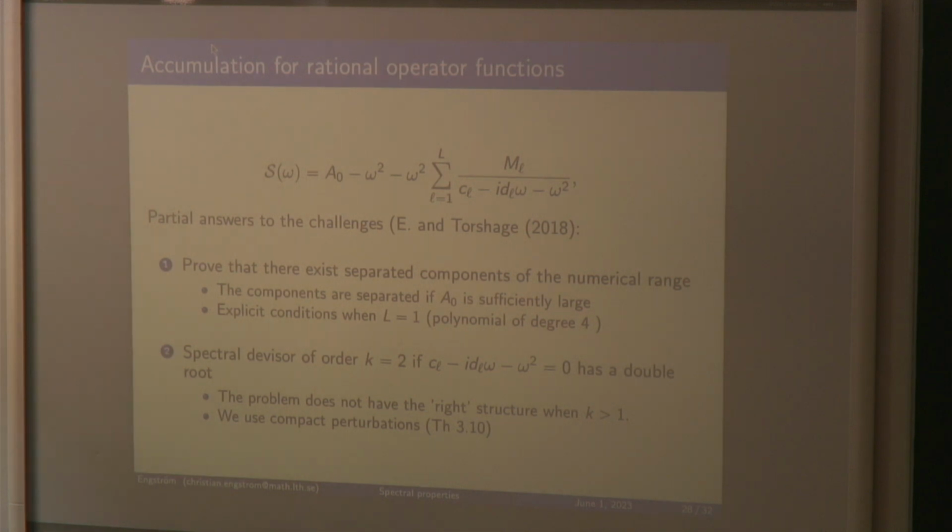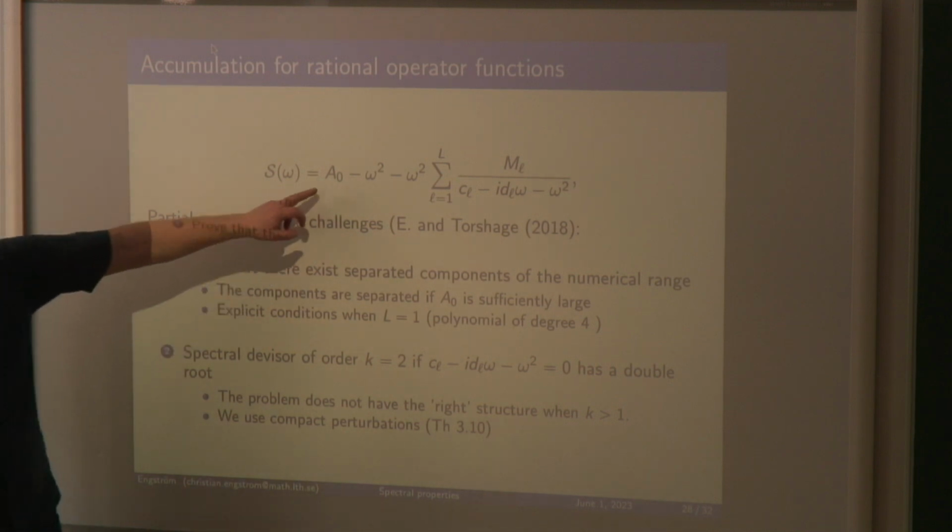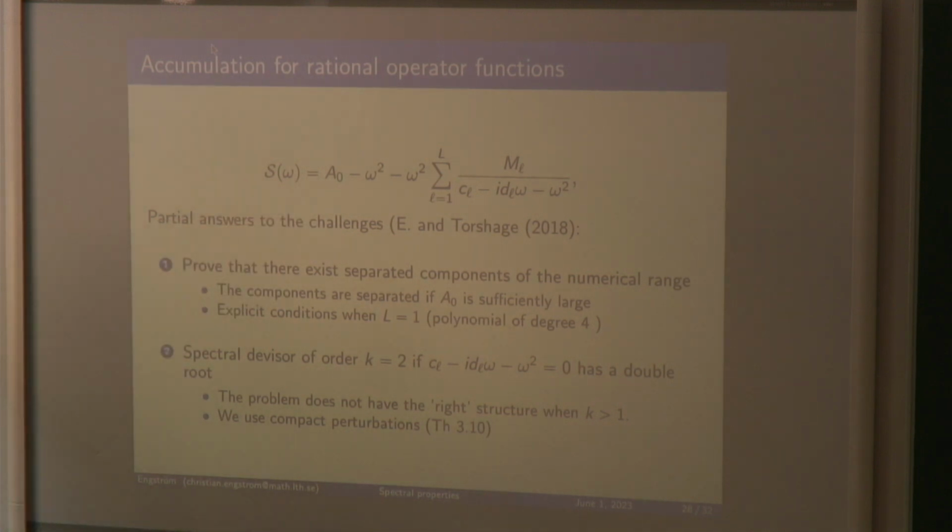So we have at least some results here, and the first thing is that it's not so difficult to see that if A0 is large enough, then all the possible parts of the numerical range, so if you have a quadratic polynomial, it will be 2, that is the maximum, and so on.